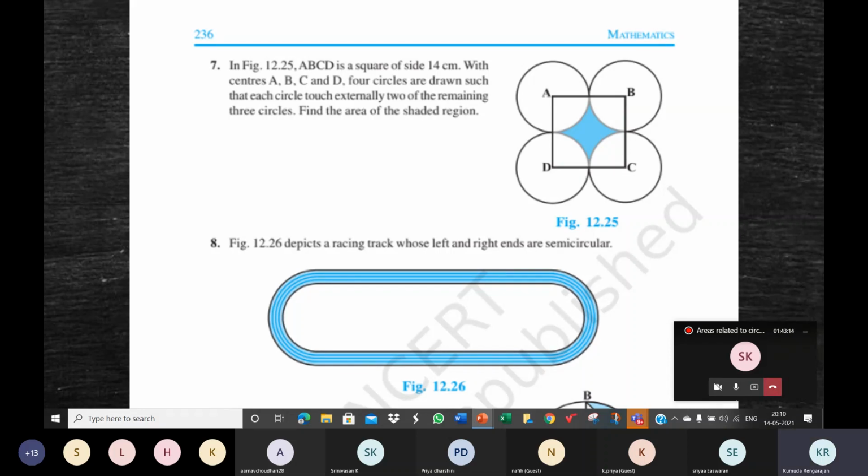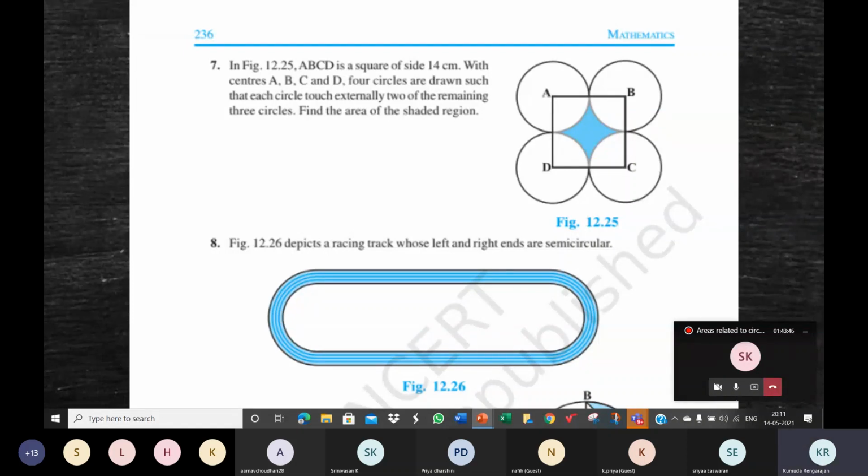Just want to tell you about the words that mean the circles are placed like this. 4 congruent circles are placed in such a way that each circle touches 2 other circles. So see in this figure, each circle touches 2 other circles. If you take up any one circle, you can see that it touches 2 other circles.